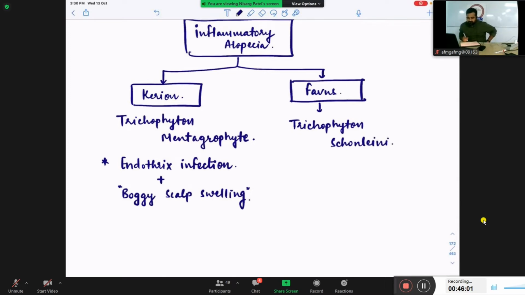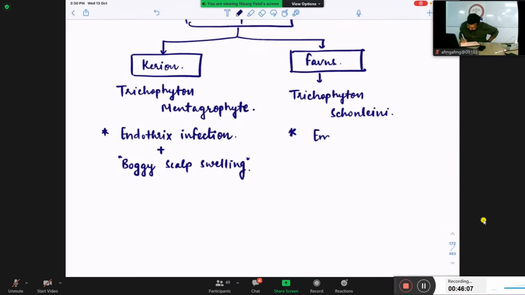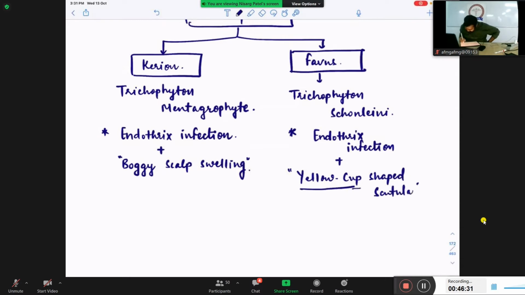It is also an endothrix infection, with yellow cup-shaped scutula.